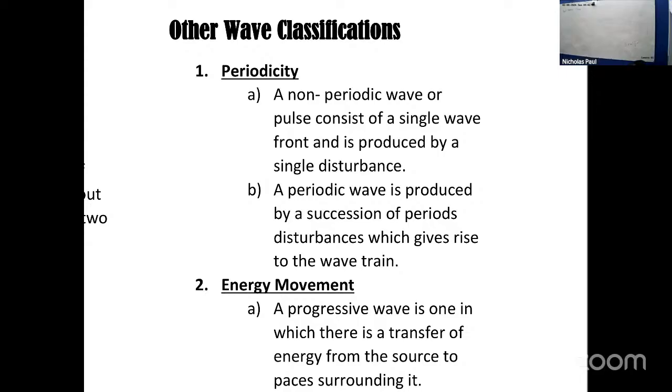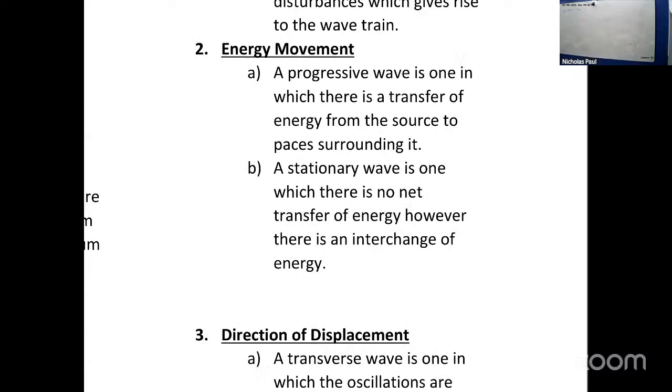Energy movement. In Unit 1, we're going to focus on stationary waves, something that we didn't do in Form 5. A progressive wave is one in which there's a transfer of energy from the source to the places surrounding it.